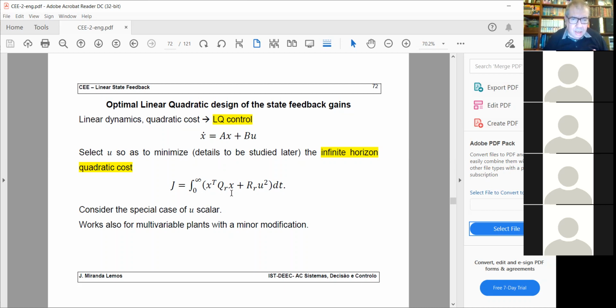Okay, that means suppose that you have taken your x away from 0 due to some disturbance, and you want to drive it again to 0.